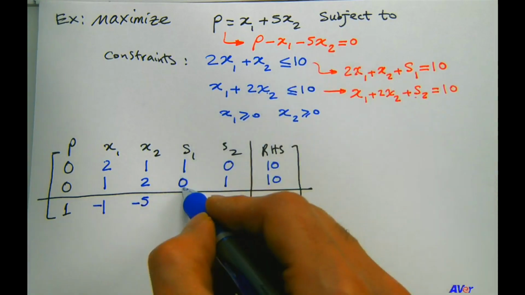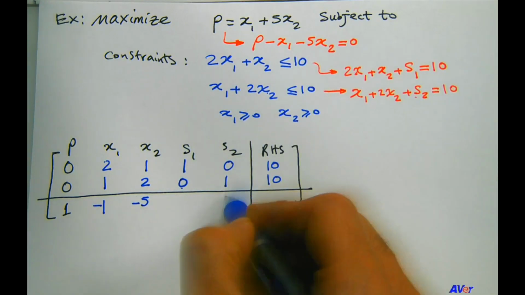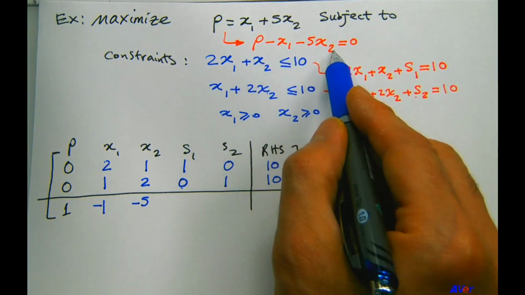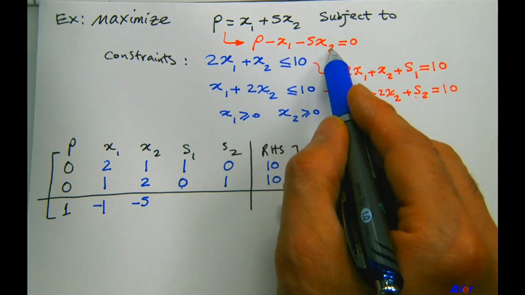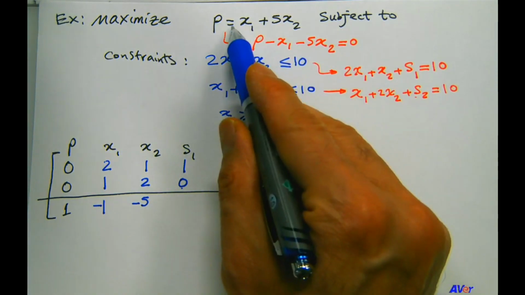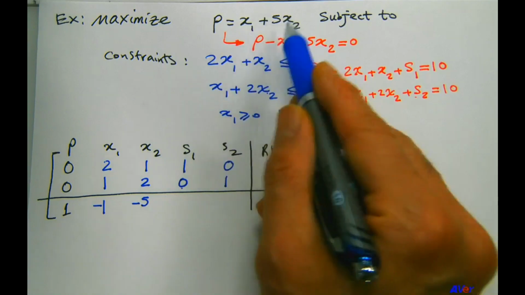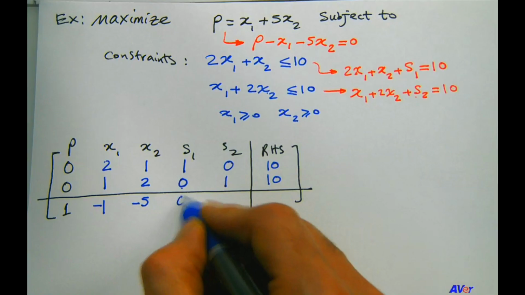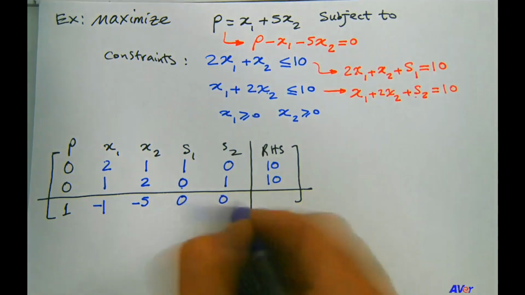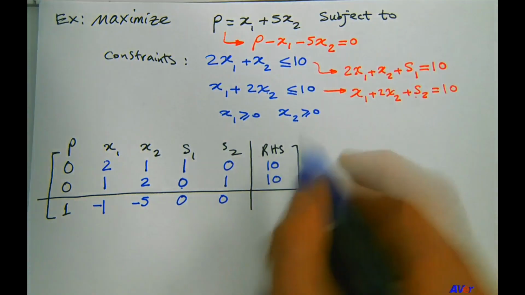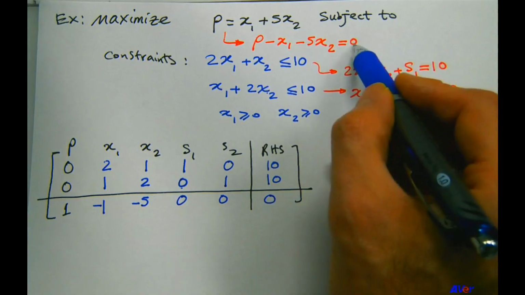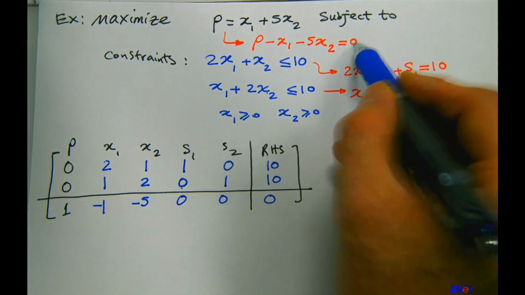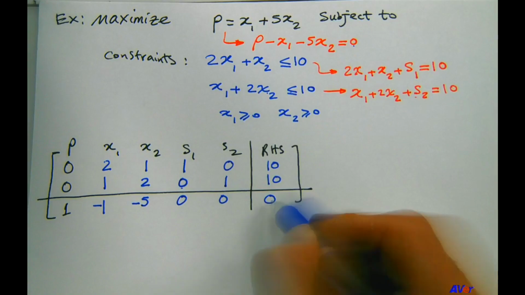And there are no s1 or s2 in the objective function because there is no need for them, right? This is already an equality. We don't need to convert it to another equality, right? So it doesn't get any slack variable. That's why it always gets the 0. And of course, 0, that's this 0 on the far right-hand side that ends up here.